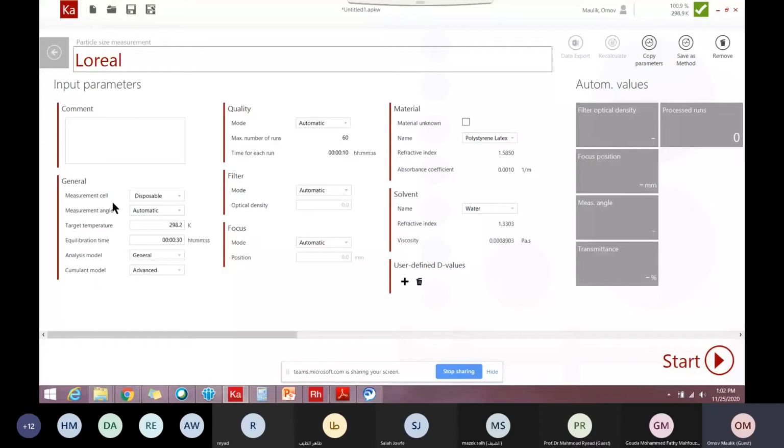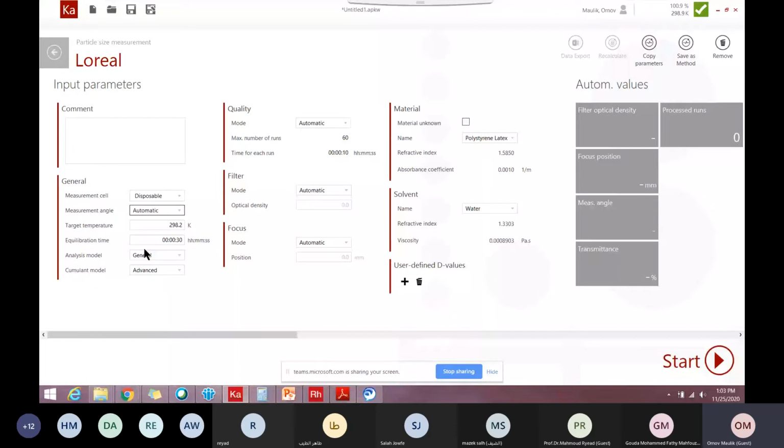In case you want to do it yourself, you can manually select whatever you like. Then you have an equilibration time of 30 seconds, which is a temperature equilibration. These two are very important parameters in order to get the hydrodynamic diameter as well as the particle size distribution.